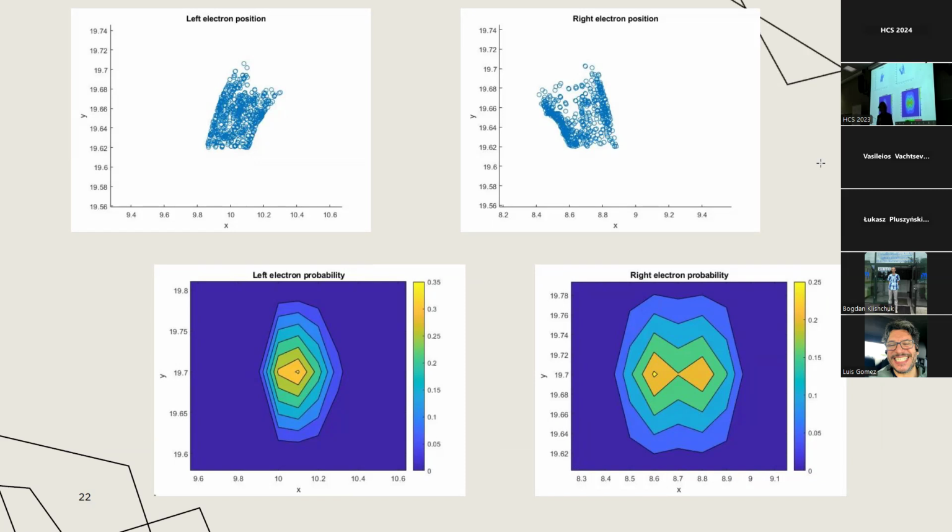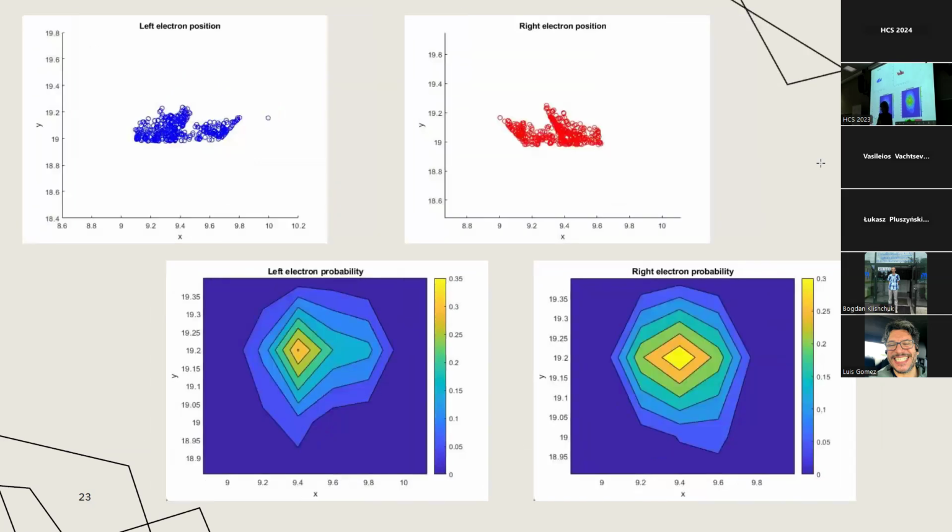And as you can see here, it also gives us the logical output 1, which will be good for our gate. Also here, we can see the probability maps for the situation when we provide two electrons simultaneously in the square channels. And also in this case, we will obtain the logical output 1.